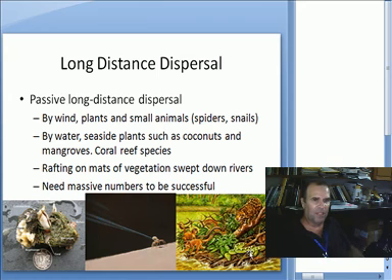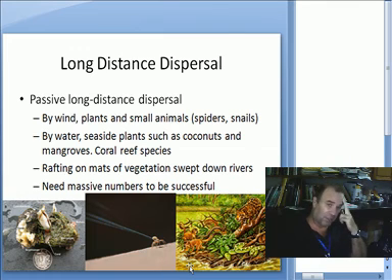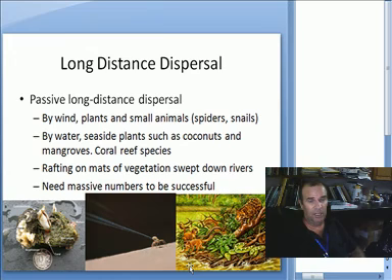Other larger vertebrates can also raft on pieces of vegetation which have been swept down rivers from continents. It's thought that quite a few of the mammals in the Lesser Antilles probably got there by rafting. They would have been in a tree when a flood came through, and that tree got knocked over and they remained in the branches.